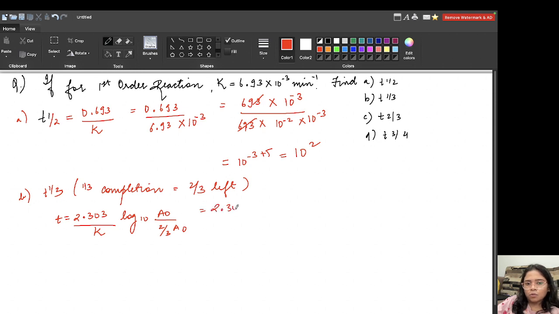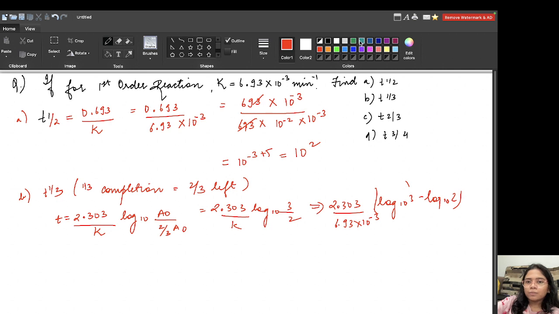And what will you get? 2.303 by K log base 10 3 by 2. Right? So, if I want to solve this thing, K is already given to us, right? 2.303 by 6.93 into 10 to the power minus 3, log base 10 of 3 minus log base 10 of 2. And then you can solve it.